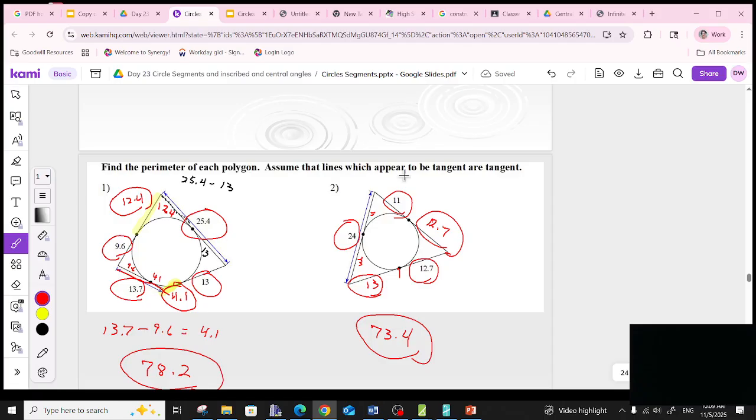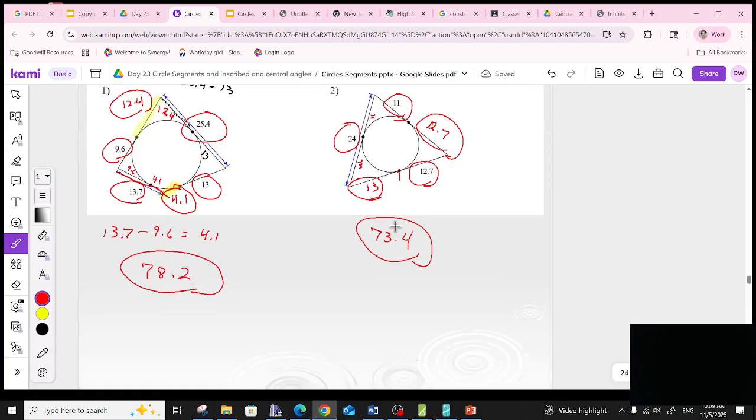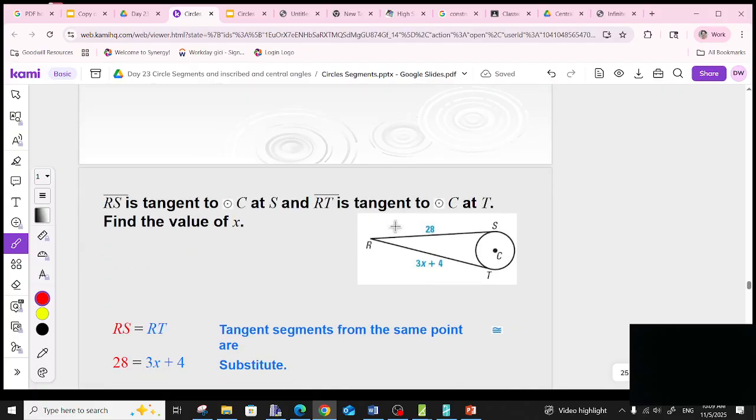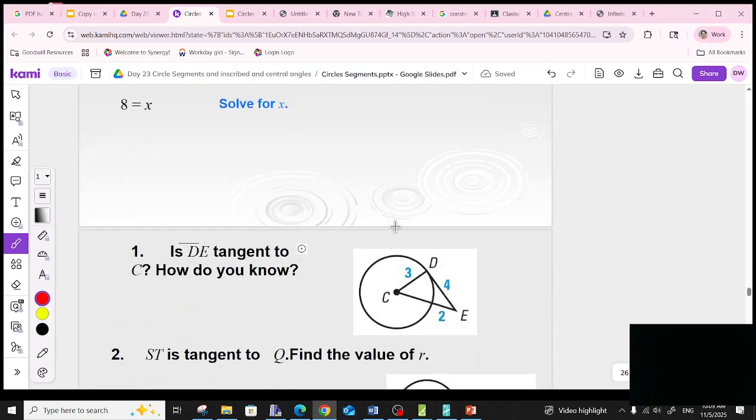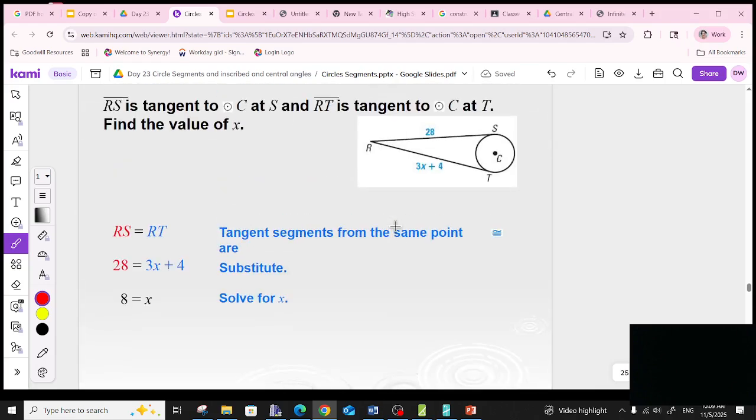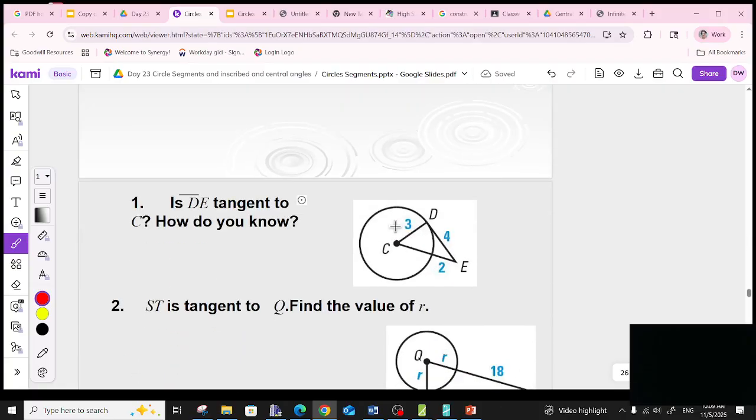Okay. Did everybody get 73.4? Yeah. Okay. I think we did this one. We did this one already. I think this slide got moved. We already did that one.